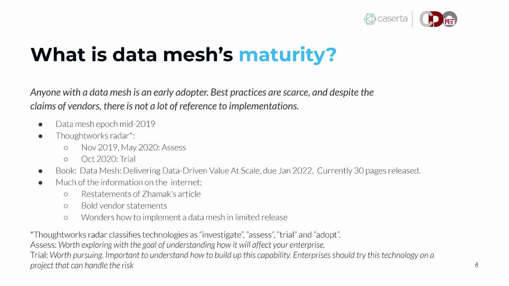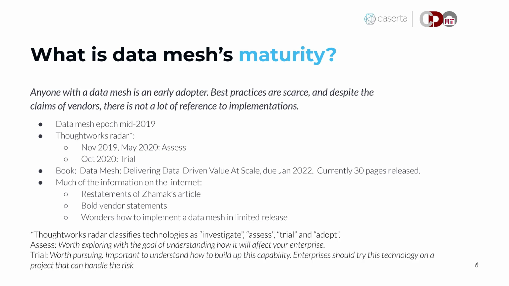Let's talk about the maturity of data mesh. So data mesh is really new, right? Even in a world where all of the technology around data is fairly nascent, only a few years old, it's even new compared to that. ThoughtWorks themselves, as of November of 2019, have a fairly nice classification of technologies.